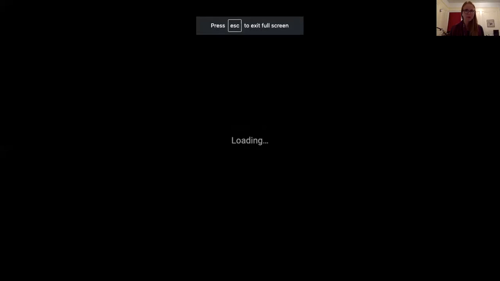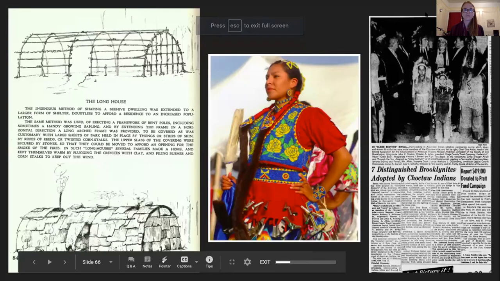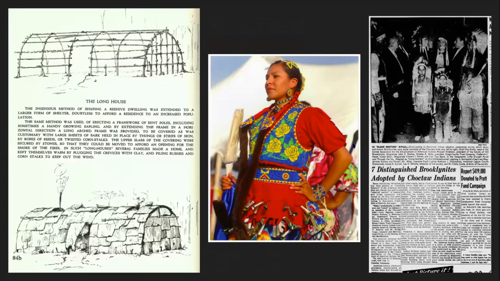And we were all looking at a lot of different sources as we were in our separate breakout rooms and using the same prompts to reflect on a lot of different types of material.